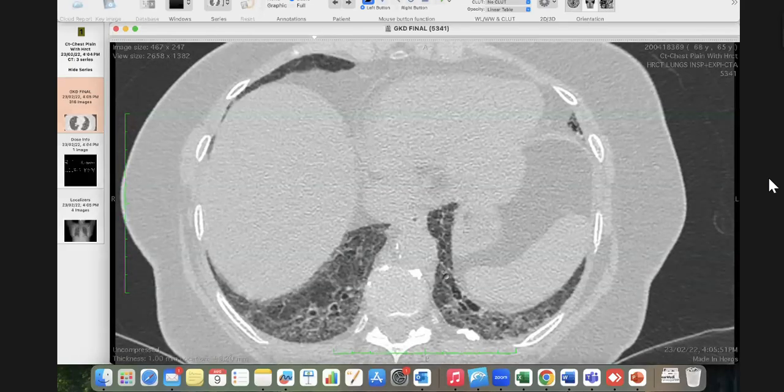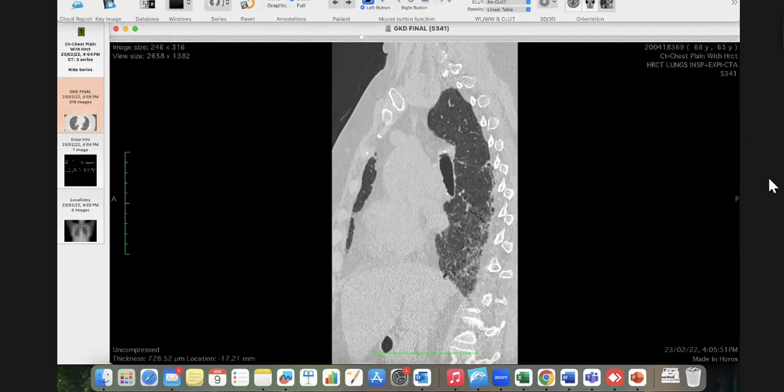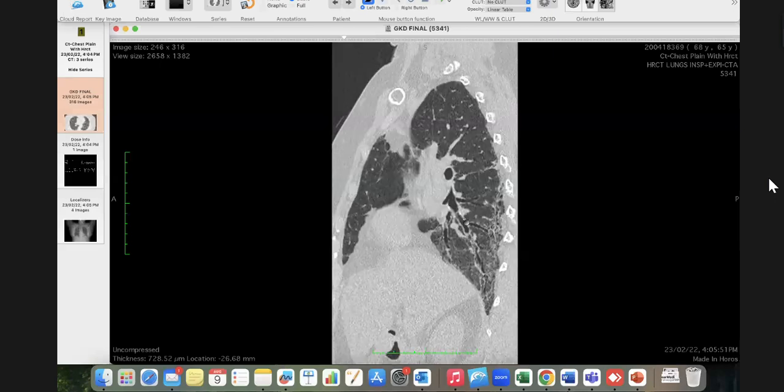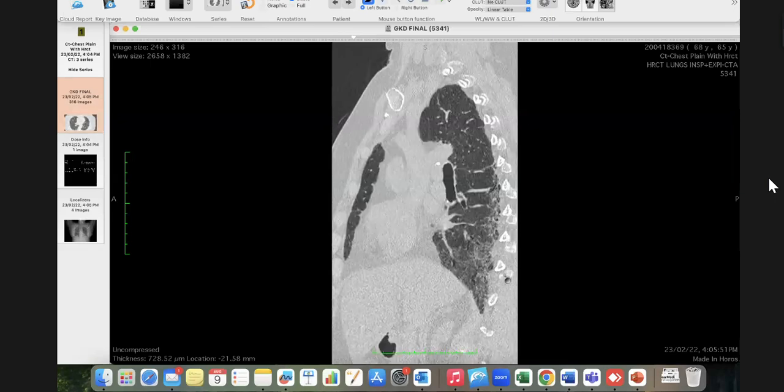But you may satisfy yourself with these reconstructions. So these are all really traction bronchiectasis. These are not honeycombing. You can see them extending, and there are no real layers of cysts to be seen.